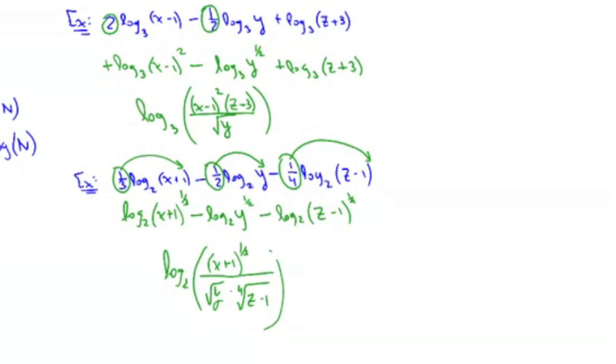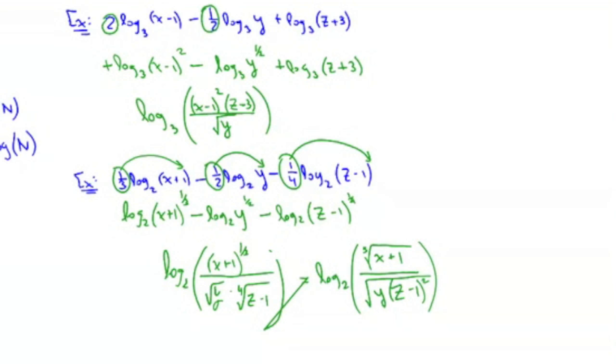That's a little weird, but I can live with that. Now, the book might not have that in the back as the answer. They might actually have this. Can you rewrite it? Log base 2 of the cube root of x plus 1 over the square root of y times z minus 1 squared. That's what the book would probably have.